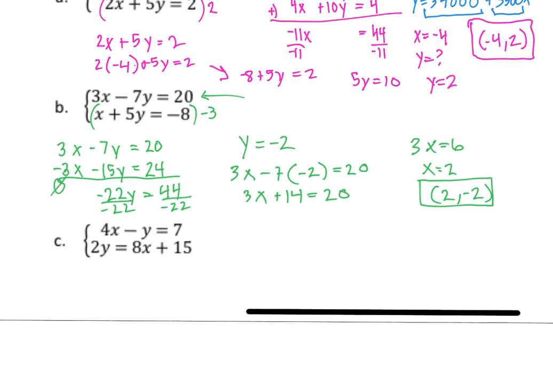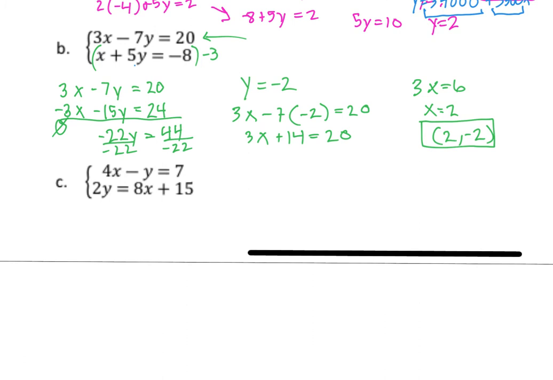Alright, the last one here. Let's take a look at this. We've got 4x minus y equals 7 and 2y equals 8x plus 15. So we can use substitution.